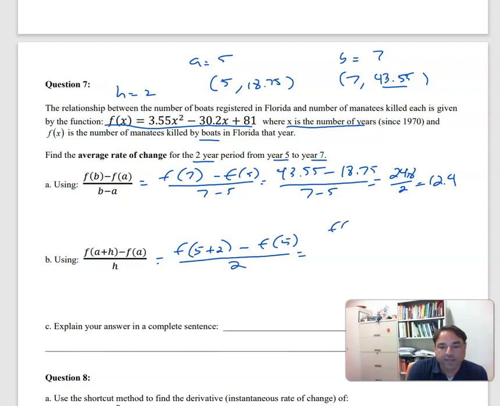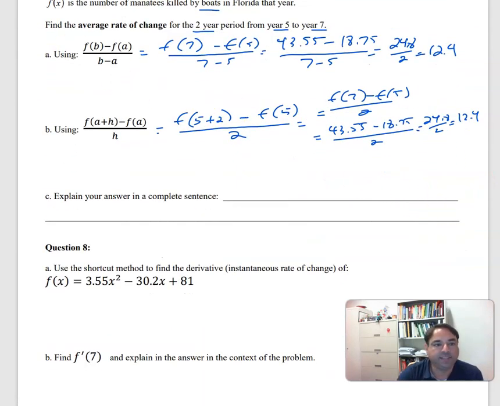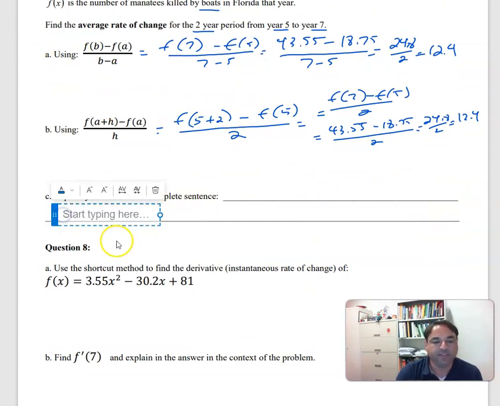That gives you f of 7 minus f of 5 over 2, which is 43.55 minus 18.75, over 2, which gives you the same answer, 24.8 over 2, which gives you 12.4.